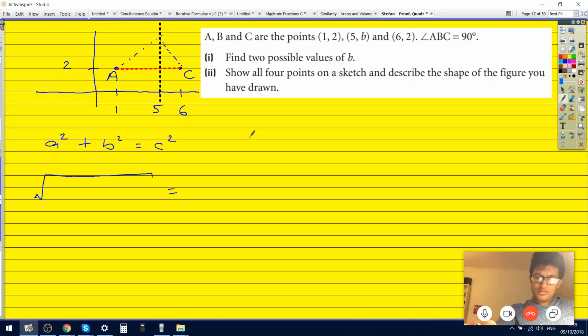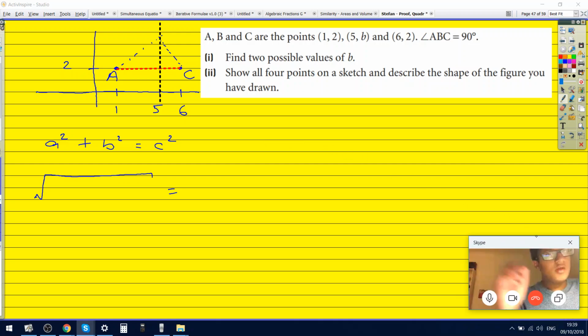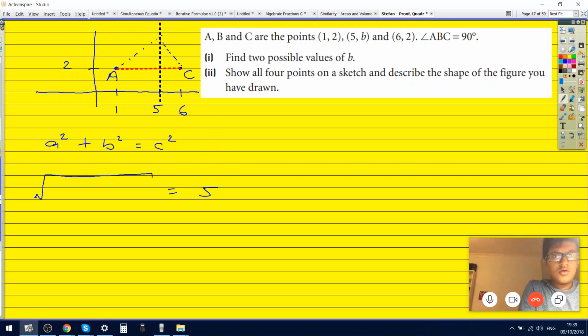And what side is that? A, B, or C? Is it C? Yeah, it's the hypotenuse. Okay. So that's 5 squared. So then, root of something plus something gives us 5 squared. So what are those values?